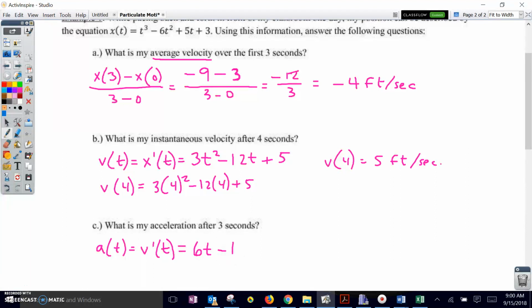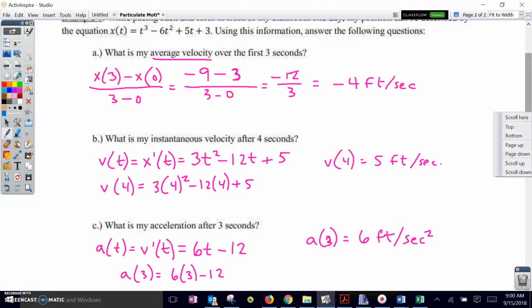It's going to be 6t minus 12. And then to find my acceleration after 3 seconds, I'm going to substitute 3 in here. And I get that my acceleration at time 3 is going to be 6 feet per second squared, as my acceleration after 3 seconds.